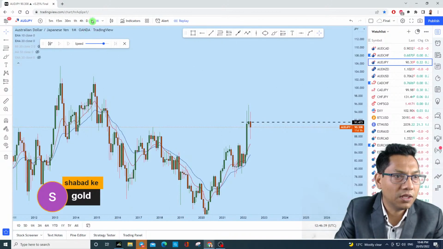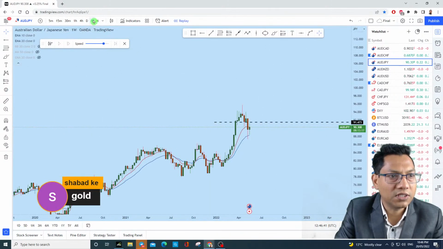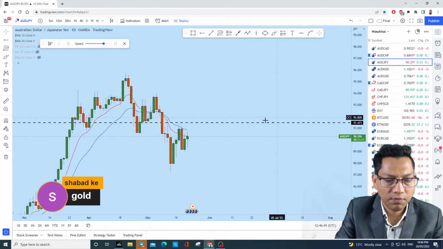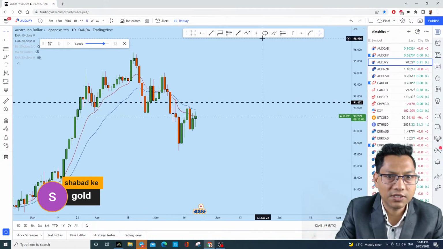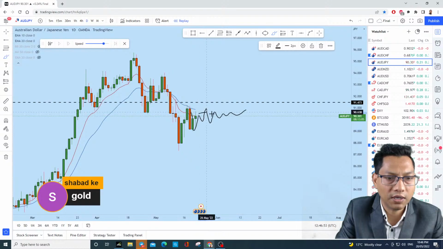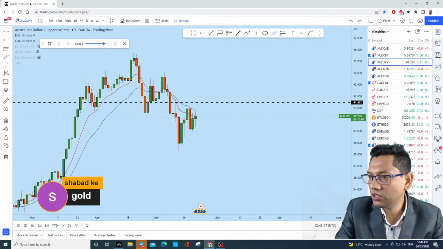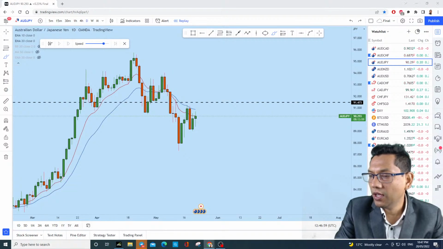This is the monthly, weekly. Looks like it's still bearish. Okay, daily looks like bearish, but you see the price is in a sideway. It's in a sideway until the election finishes. AUD JPY not sure, but it might finally drop.